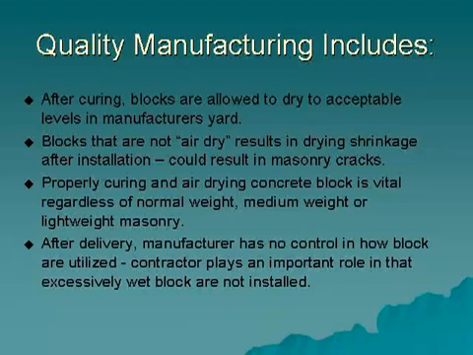After delivery, the block producer is no longer responsible for units being too wet to install in the wall. It then becomes the contractor's responsibility to make sure blocks that are too wet are not installed. The installation of excessively wet block in fresh masonry may experience excessive drying shrinkage.